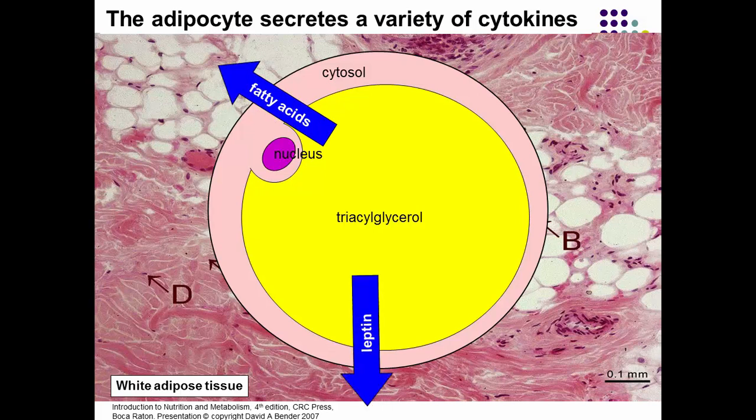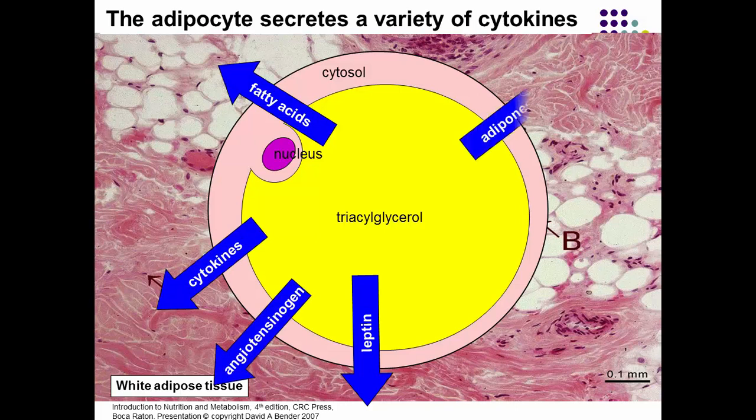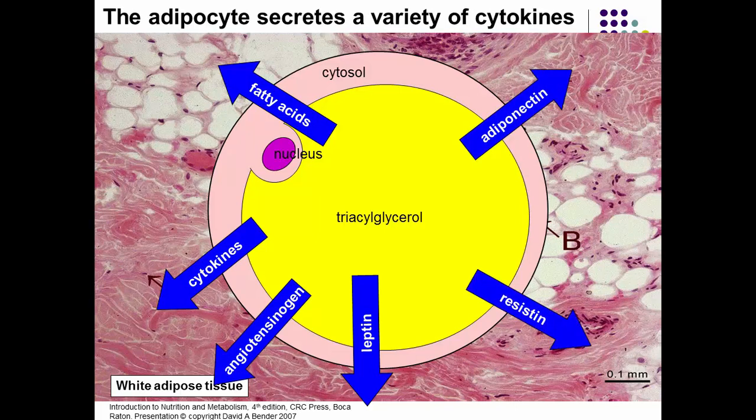And adipose cells also release a lot of interesting hormones, right? Like leptin, as I mentioned, is the first hormone that was discovered, released from the adipocyte in 1994, and then later on we discovered other hormones that are also released from the adipocyte.